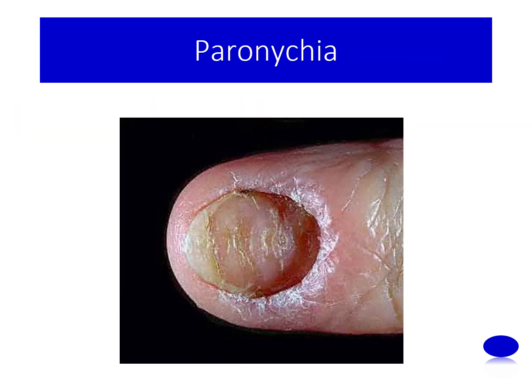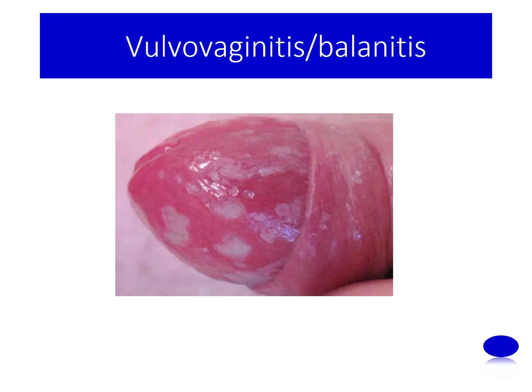Now, another involvement is paronychia. Paronychia is when you get inflammation around the fingernails, and the skin around the fingernail becomes erythematous, and then you can get candida on top of it. And diabetics, again, are more prone to develop balanitis, candidal balanitis, and vulvovaginitis.